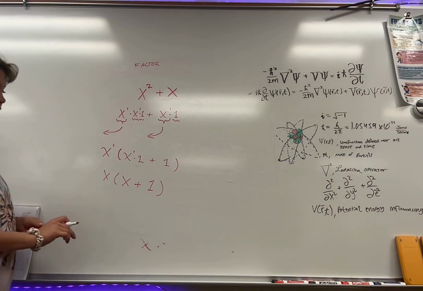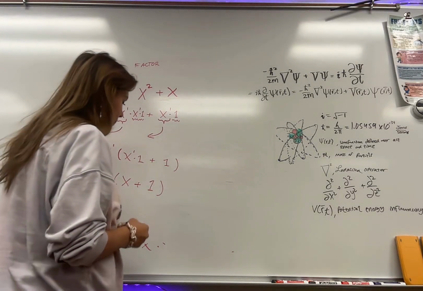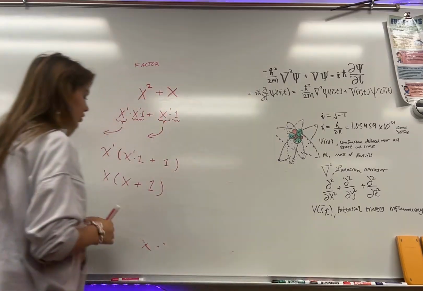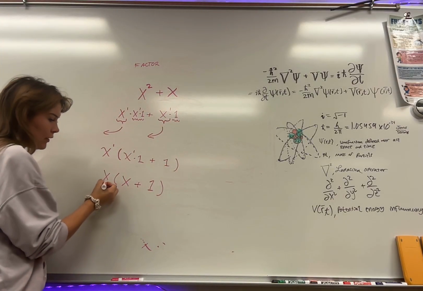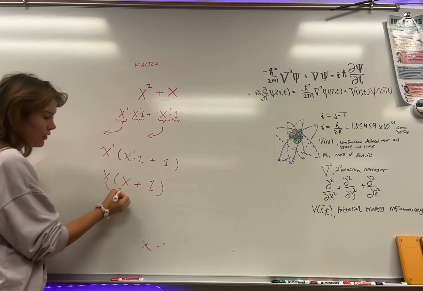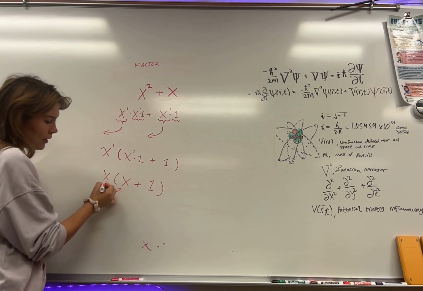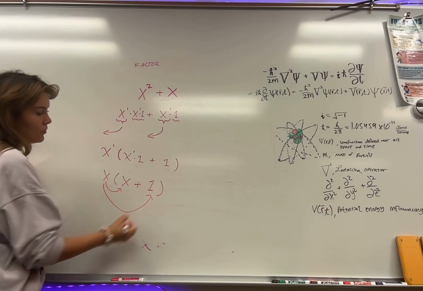And if we can recall our rules for foiling, which you may not be super familiar with at this point, if we were to multiply this back in, we would multiply x by the first term, and we would multiply x by the second term.